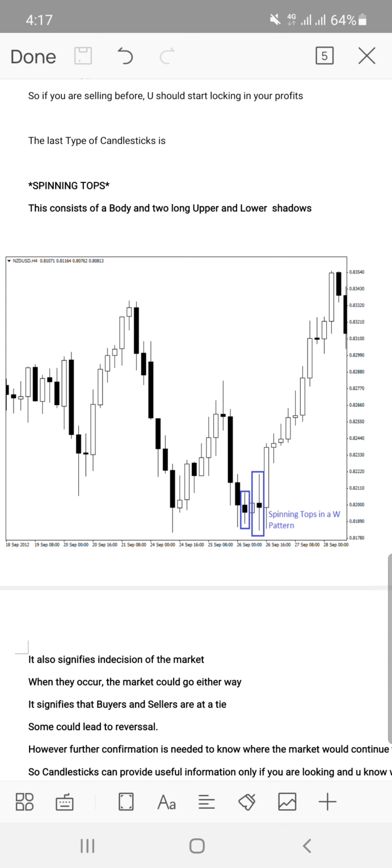When you notice a spinning top, it's telling you that the market may soon change direction. Like you see in this case, the market was selling and then formed these spinning tops circled by these boxes. After forming them, the market changed direction and started buying, right?